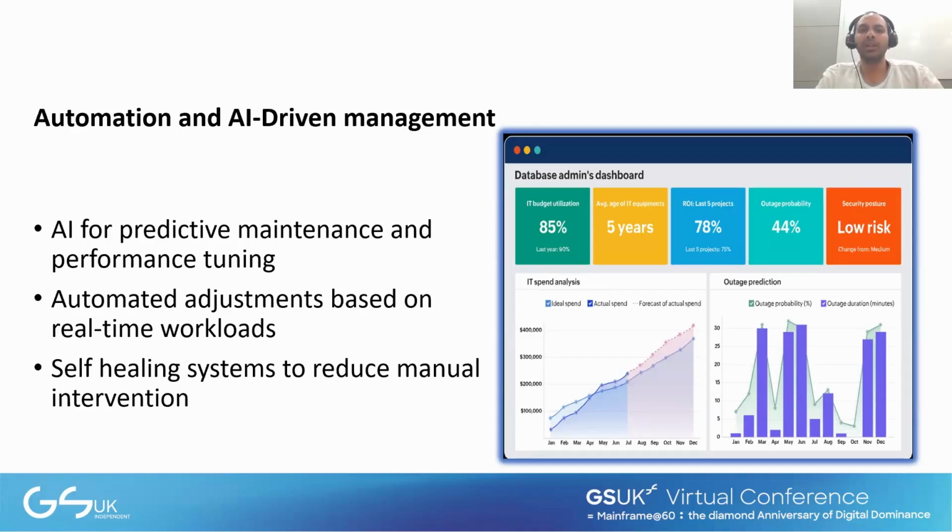I'm not really able to retrieve the data as fast as I expected. So all these things, artificial intelligence along with automation. This is the future that database admins need to work on these items.